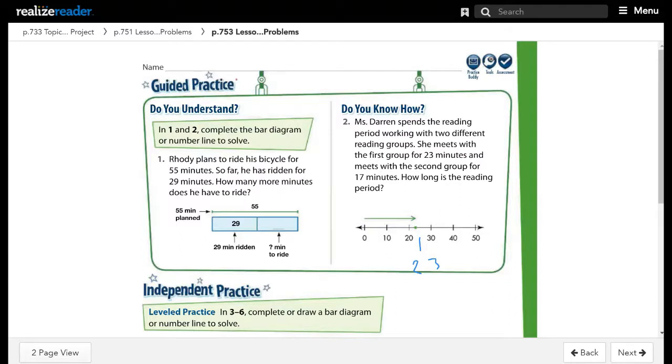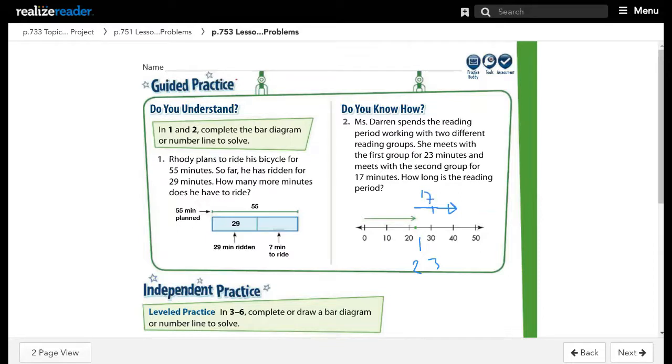So from 23 till 30, this is 7 minutes. And then from 30 to 40, this is 10 minutes. So this will be 17, all of it.